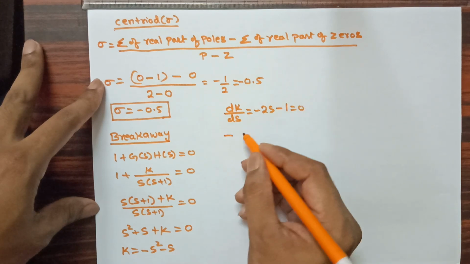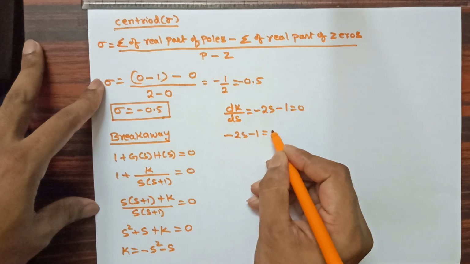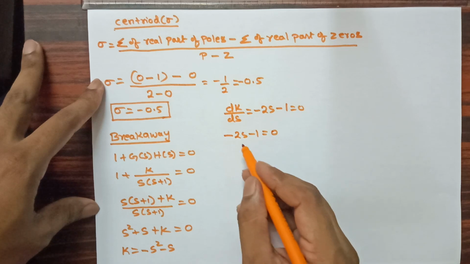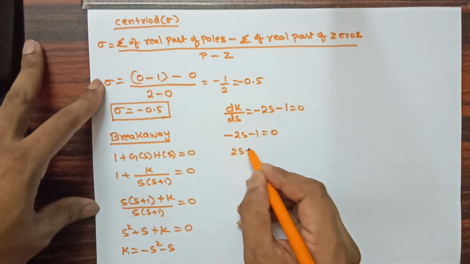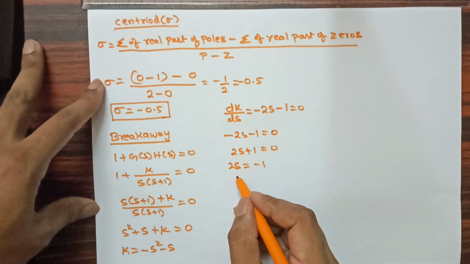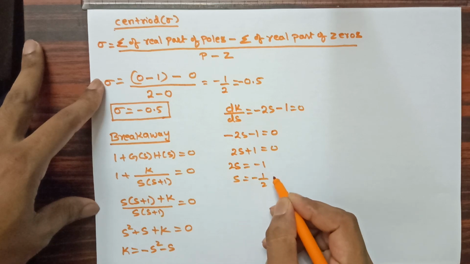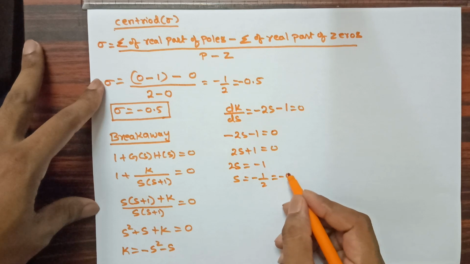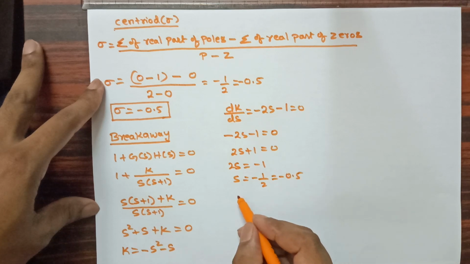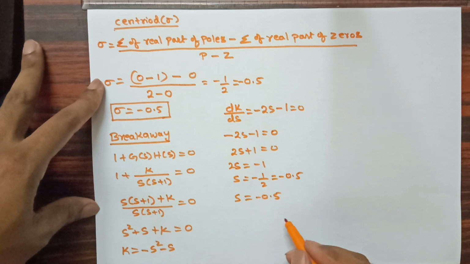Here we got the differentiation of k as minus 2s minus 1 is equal to 0. If I take minus common, then I will get 2s plus 1 is equal to 0. From this I will calculate the s value. 2s is equivalent to minus 1, then s is equivalent to minus 1 by 2, that is minus 0.5. Here I got one s value, that is minus 0.5.